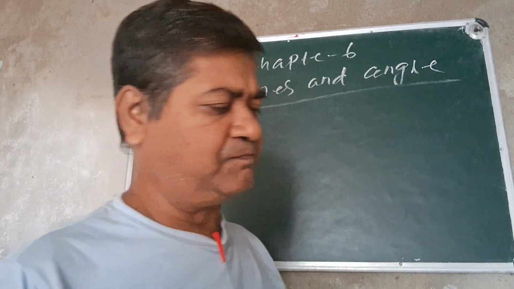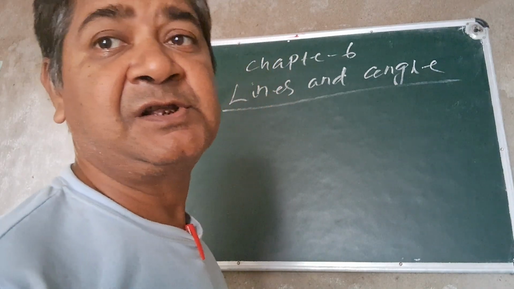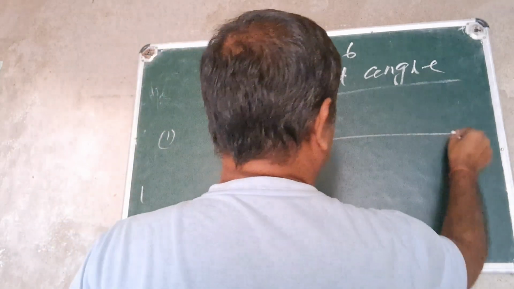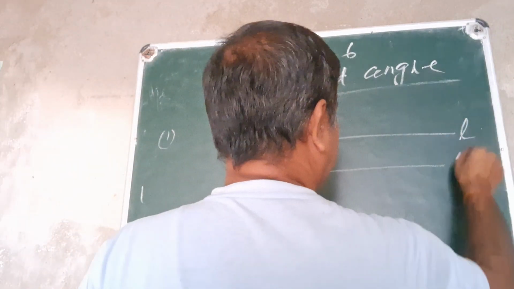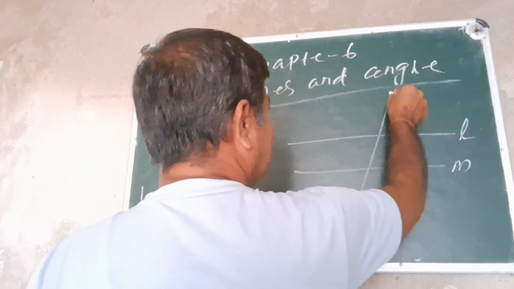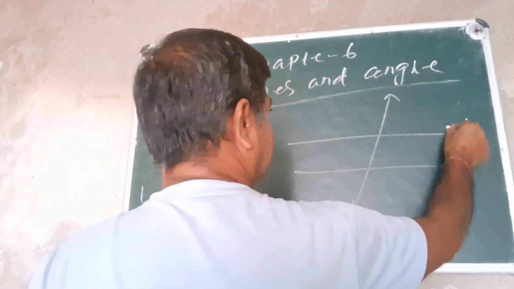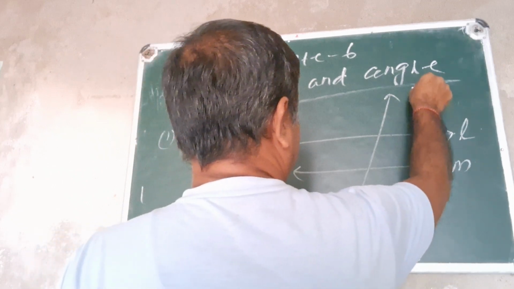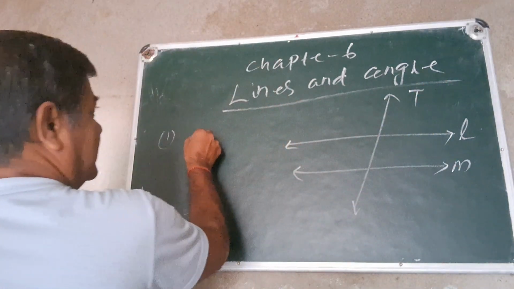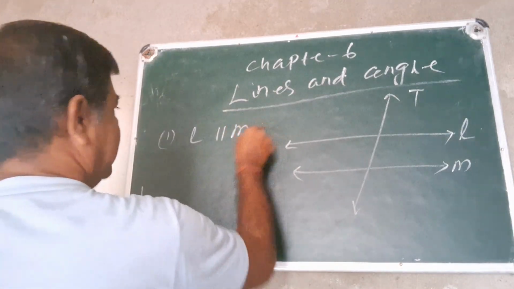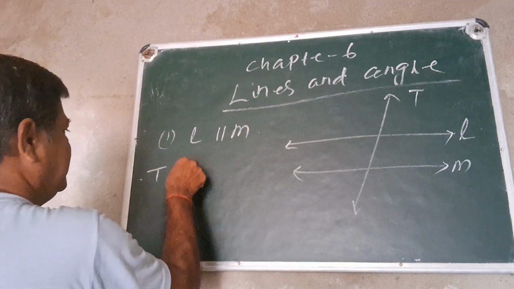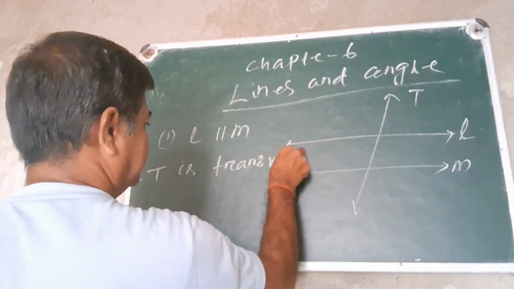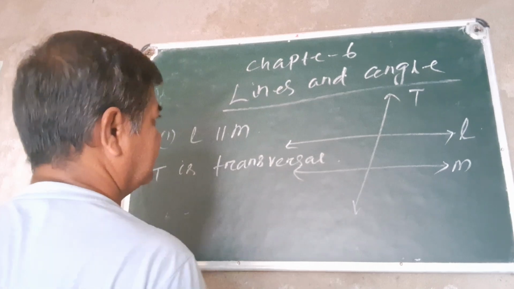Now we are going to discuss number 1, first number. L and M are parallel to each other. L parallel to M, T is a transversal.